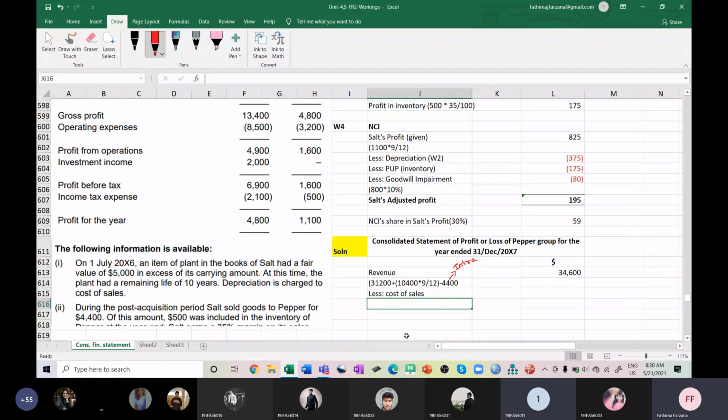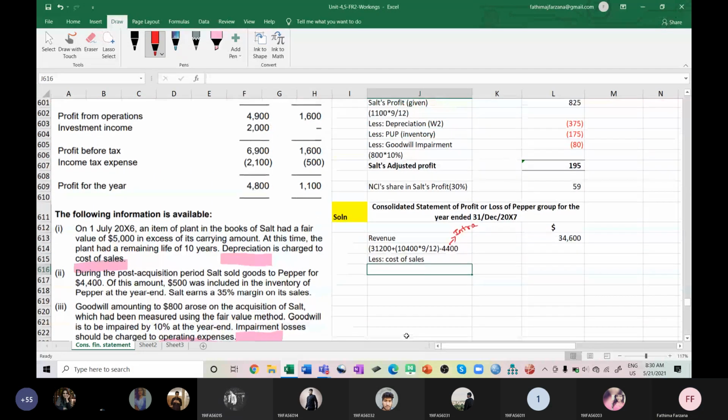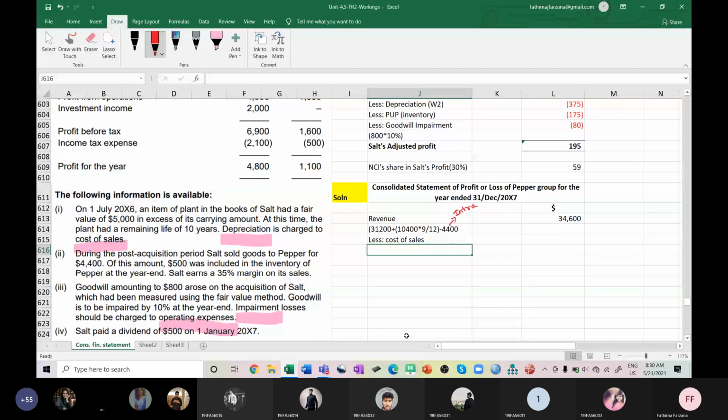Add PUP, plus fair value depreciation. Add PUP. Why are you adding here? What's the reason? Ma'am, it is the remaining inventory. You have to minus 4,400 and then add it.